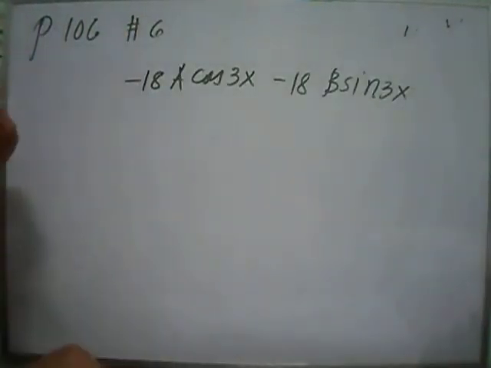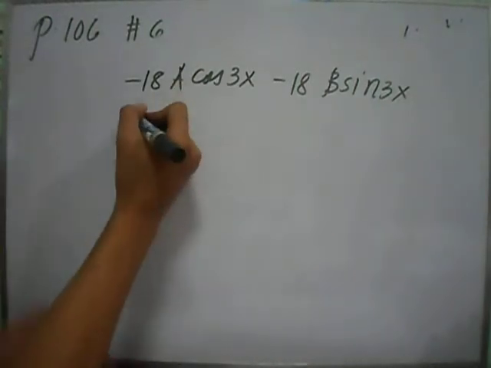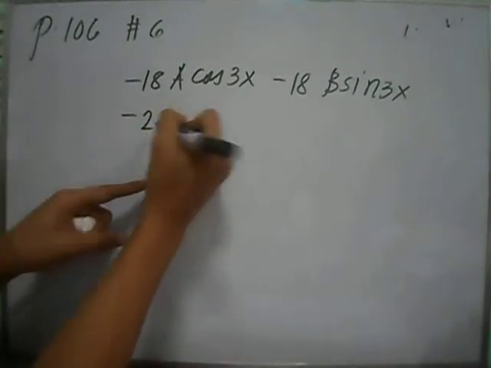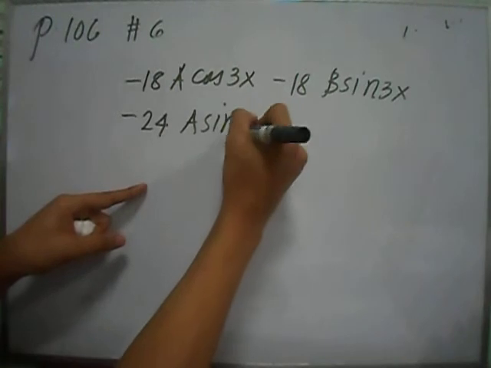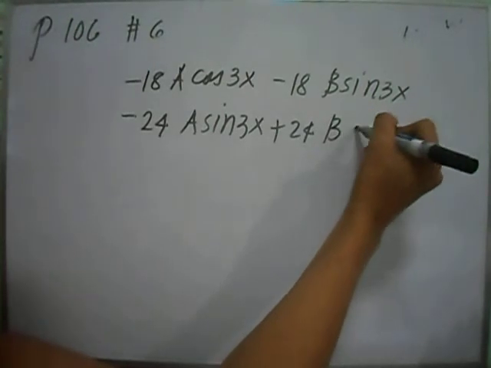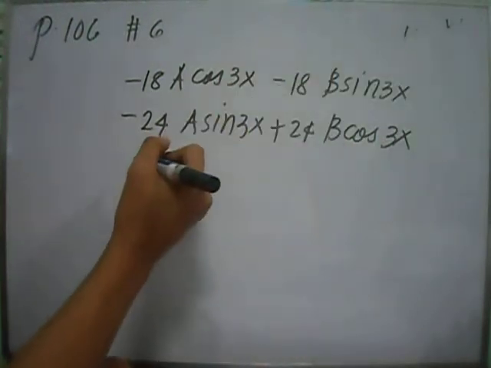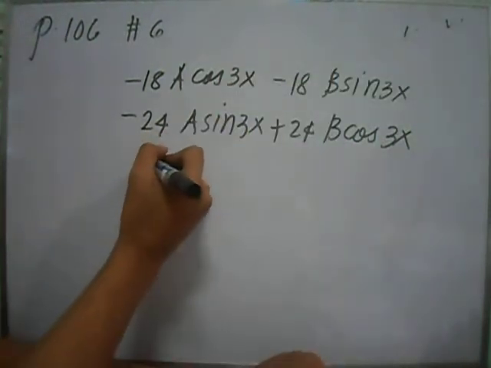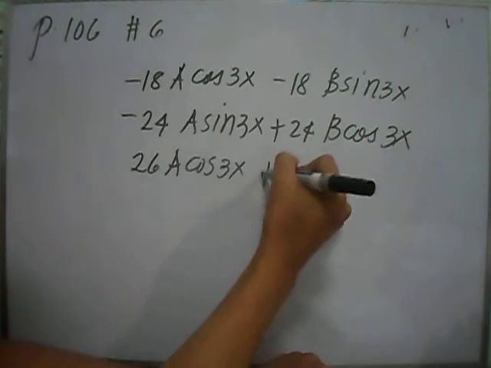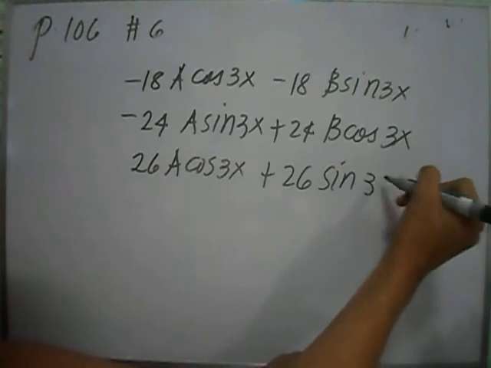And then our 4 times y prime, we will have minus 24a sine 3x plus 24b cosine 3x, and then for 13 times the yp term we have 26a cosine 3x plus 26b sine 3x.